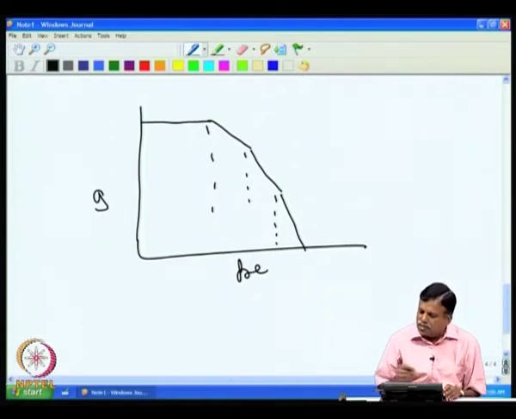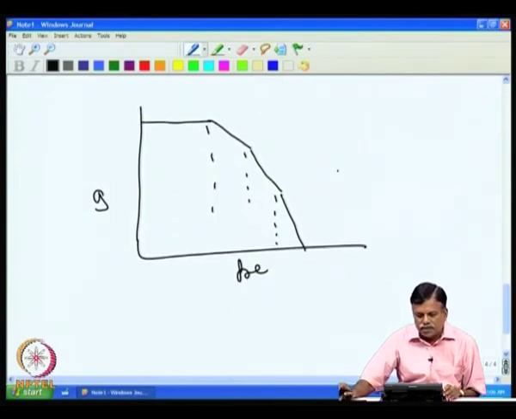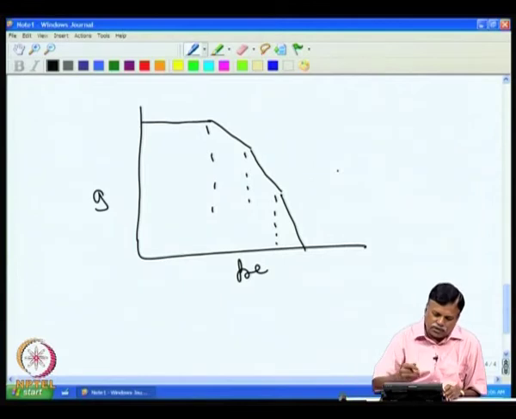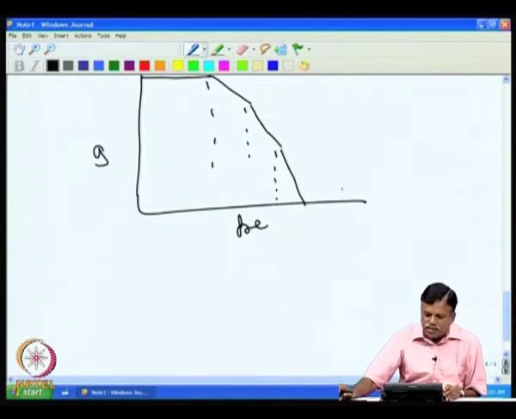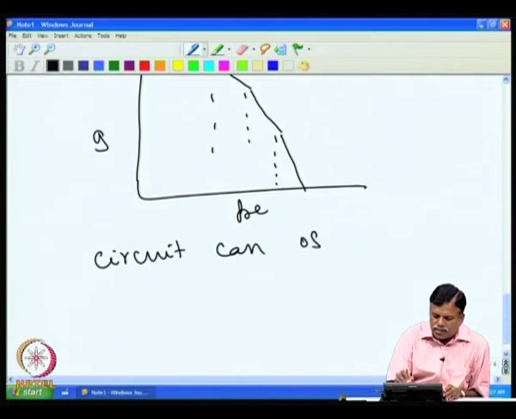Now, what is the issue with the frequency response of this multi-stage amplifier? The problem is that the circuit can oscillate, that is the main issue.